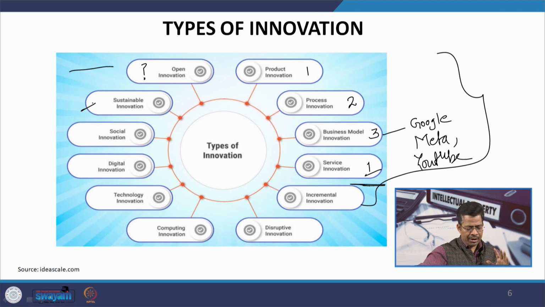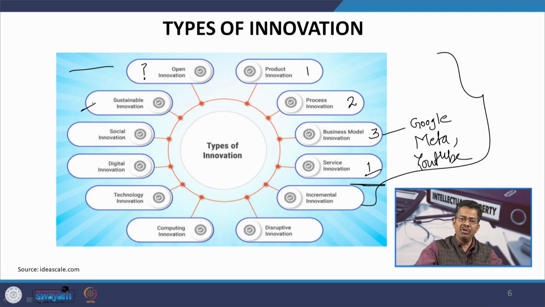Digital innovation, no need to explain. This entire course which we are delivering, this is an example of digital innovation. And in our country, examples like UPI, digital innovation. Now, the UHI revolution is also going to happen, that is also digital innovation. Technological innovation is another way of putting it, whether this is a digital innovation or non-digital innovation, all can be put under technological innovation.